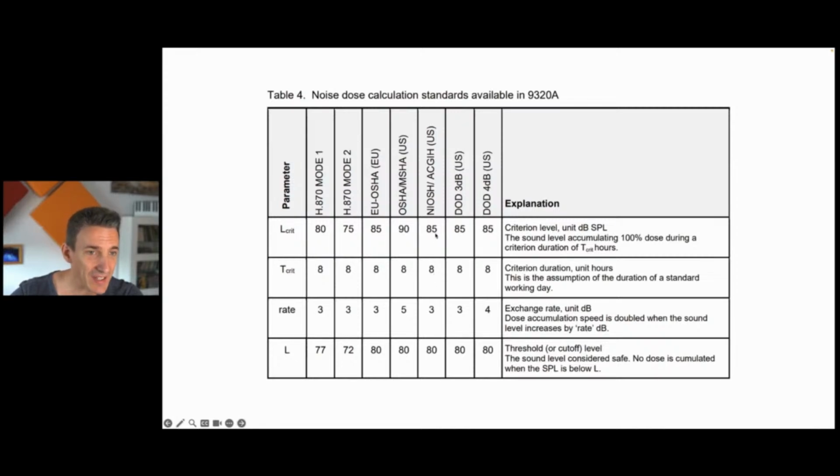So the US really thinks that you can have 90 at 8 hours. Don't do this. And here is then what they define as really safe. So then there is no accumulation anymore. So if you're below that, it stops adding to your noise dose. That's the thing.